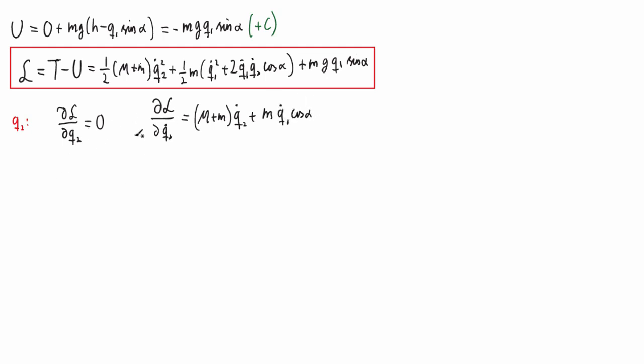Okay, so those two are supposed to be equal to one another, with a time derivative applied to the generalized momentum here. Since this is 0, we can just write down that this generalized momentum has to be constant.